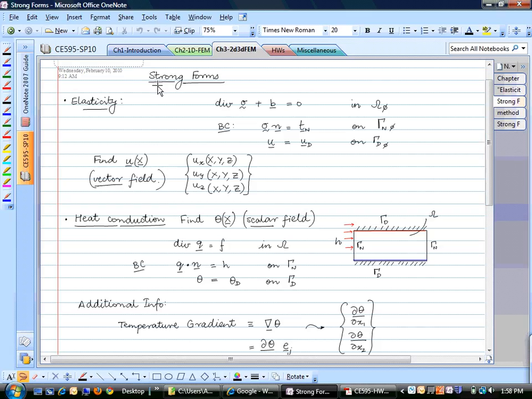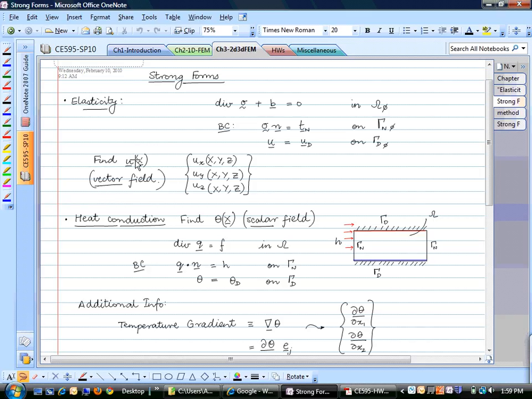So I'm calling these strong forms because this is the governing differential equation along with the boundary condition that we were trying to solve. But note that in this case, the solution U, the displacement at any point, is going to be a vector field, which means that if you go to any point x, there's going to be a small x displacement, small y displacement, small z displacement.